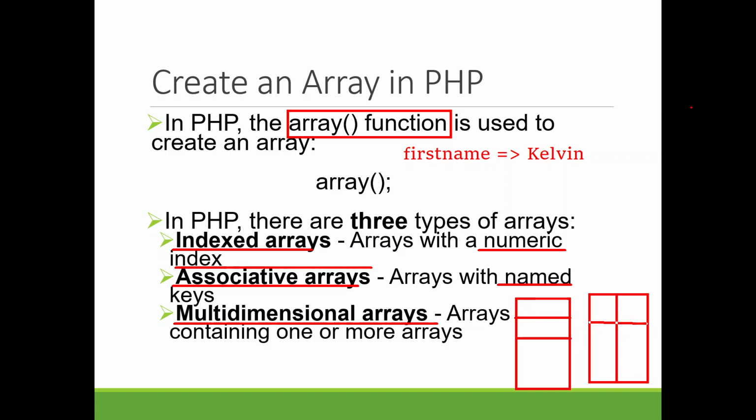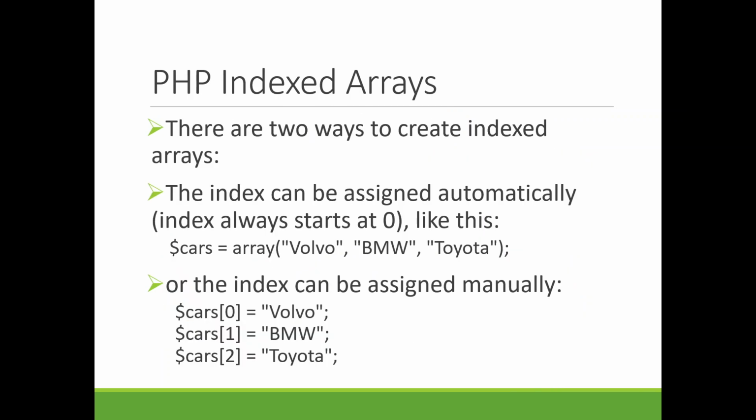So here, this position here is 0, then this one 1. Here, this position is 0,0, 0,1, 1,0, 1,1, 2,0, 2,1. Like that. So that is what we call a multi-dimensional array.